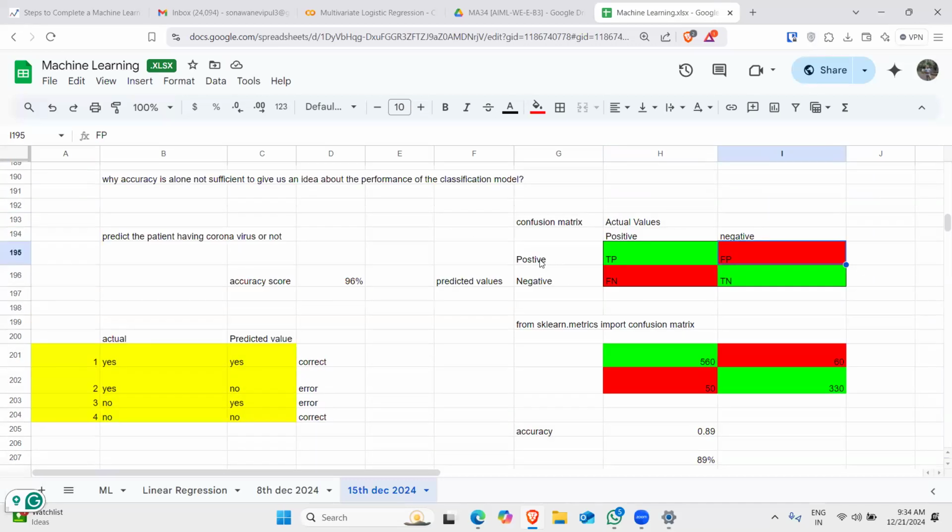Because your model has predicted positive, you just have to consider out of these positives. Model has predicted positive. These two are the cases, right? Out of those, how many only turn out to be positive? True positive is the one which turned out to be positive, and total positive are true positive plus false positive.